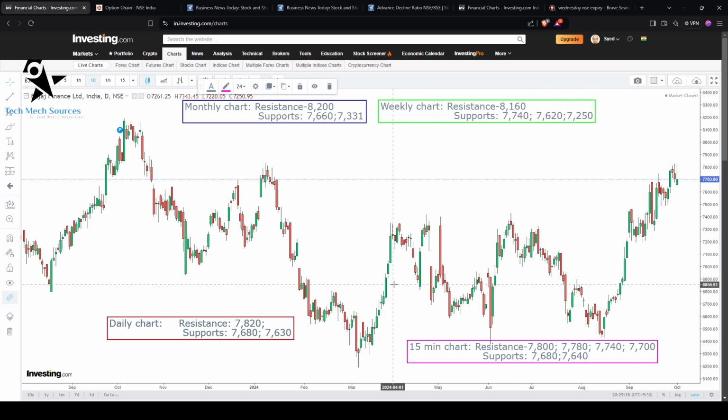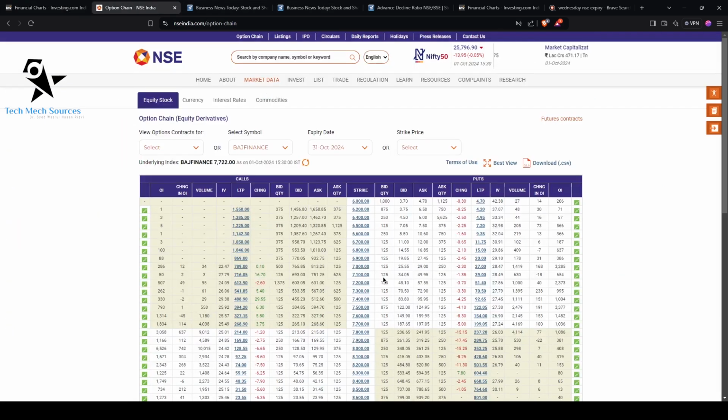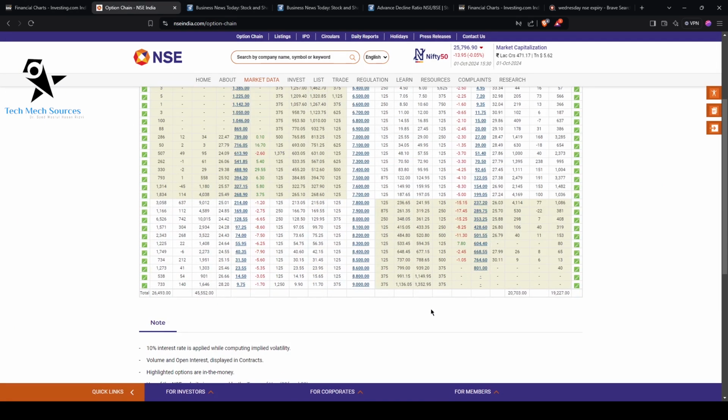Whatever is below 7,703 is the support. 7,630, 7,640, 7,680, so on the daily chart 7,680. So if you sell a put for 7,500, this will be nice. Do we have an option for 7,500? Yes, we have. 7,500 is 122.